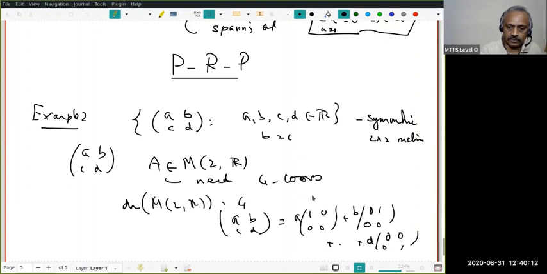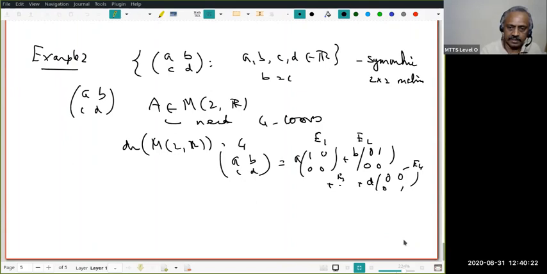Okay. So this is your basic vector, call it E1, this is your basic vector E2, this is E3, this is E4. You can check they are all linearly independent, and they span. That's very easy. Spanning is what I have shown. They are linearly independent because this is equal to 0 implies it is (0, 0; 0, 0). That means A is 0, B is 0, C is 0, D is 0.